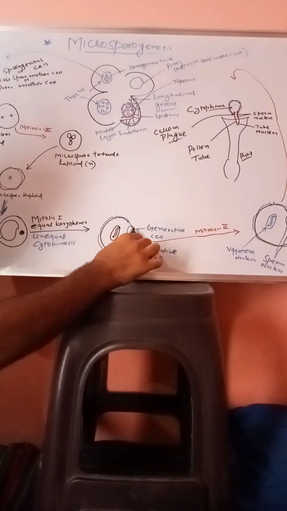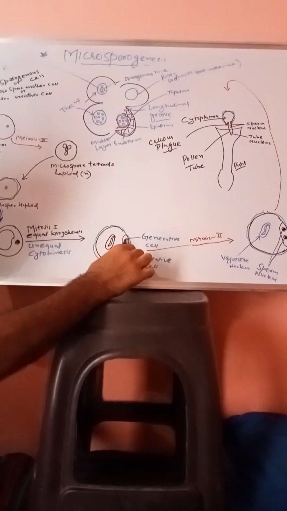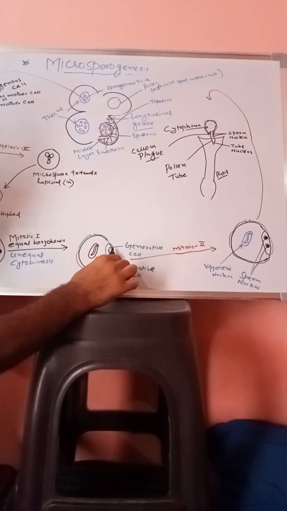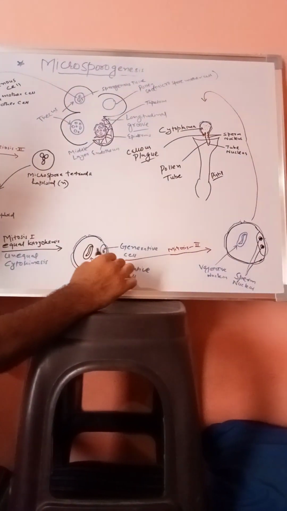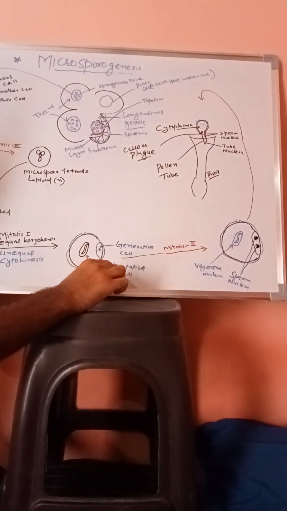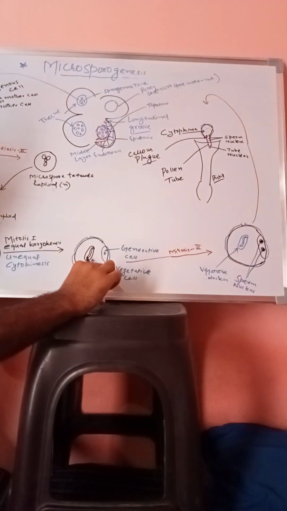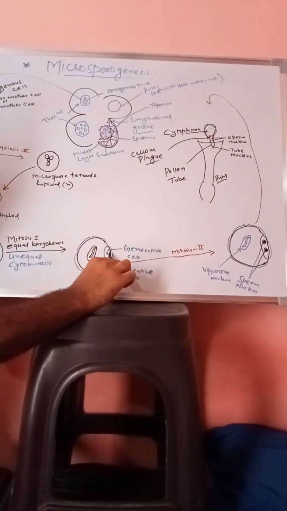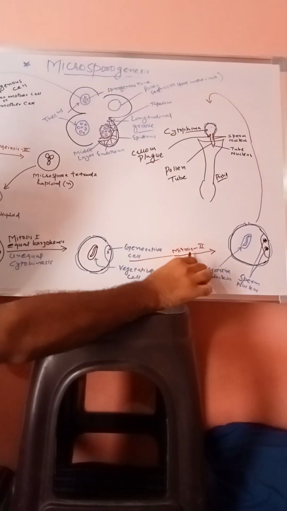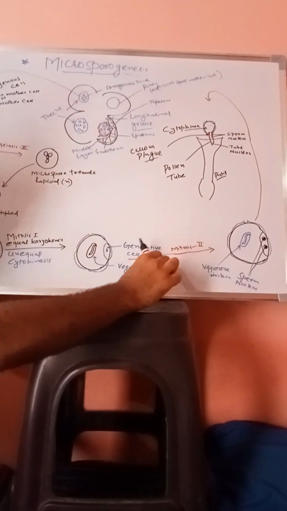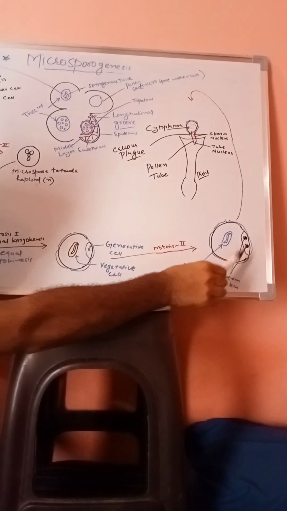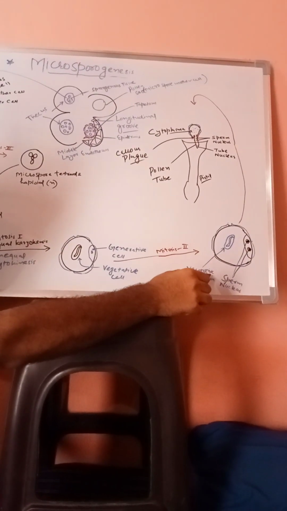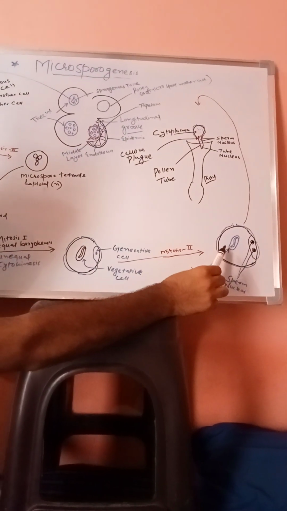So what product do we get here? These two nuclei, which are haploid, form the generative cell, and this one is the vegetative cell. The vegetative cell is large in size, and the generative cell is smaller. This then goes on to a second mitosis. Here the generative cell gives two sperm nuclei, and this one is the vegetative nucleus.